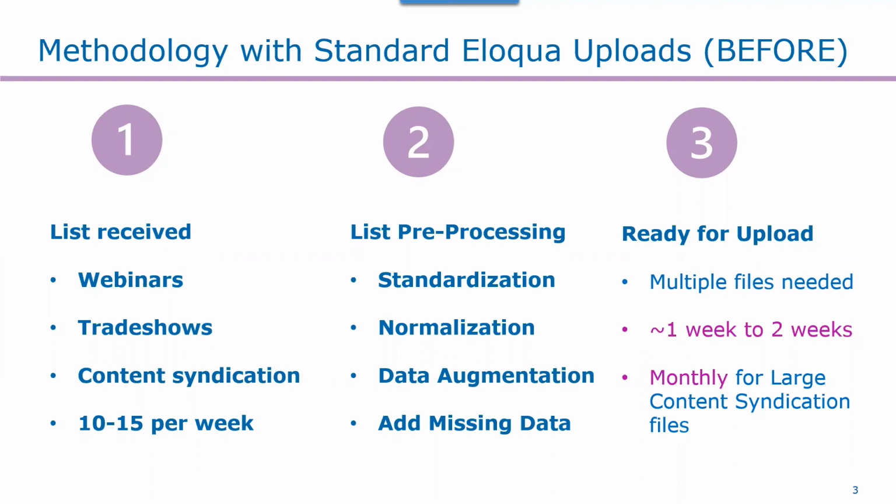And then after formatting the entire file, we would have to divide it into two files, one for marketing qualified leads. The second half of the file, which was not quite ready to go to our sales team, would need to have campaign members created for them and then be sent over to our nurture stream.